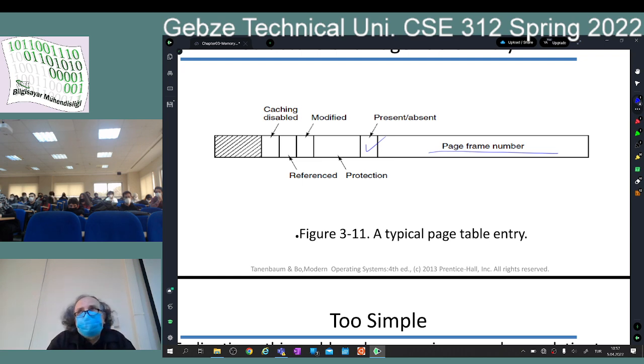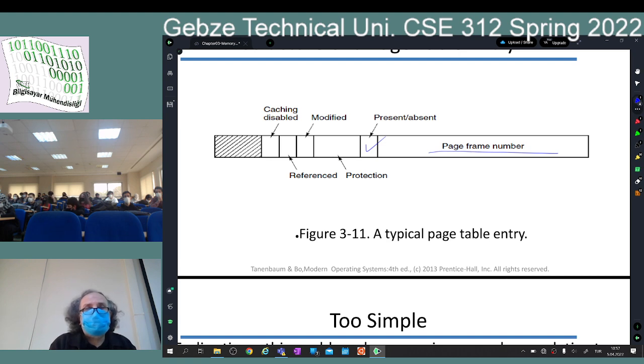If the page is not modified, you don't have to write it back to the disk, you just replace it. So modified pages are more expensive to replace. Why? Because I have to write it to the disk first and load a new one. Unmodified pages are less expensive to replace. That's why I need to keep this modification bit.